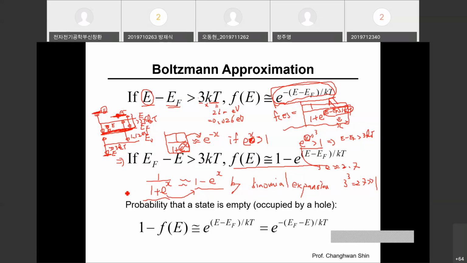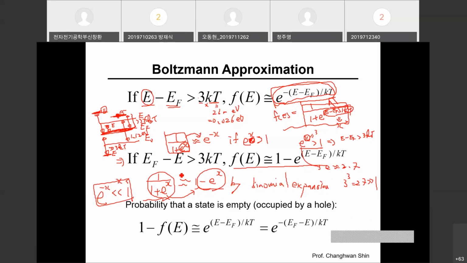But you don't need to spend too much time. It's a waste of your time to understand this equation. Just remember it once. If x is such that exponential minus x is much smaller than 1, then you can use 1 minus exponential x instead of 1 over 1 plus exponential x.